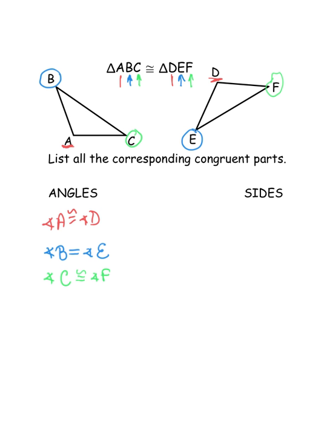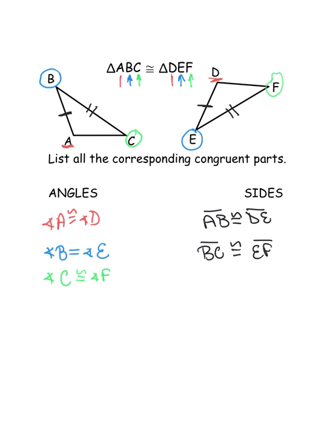Now the corresponding sides. If we look at AB, that goes from red to blue. So on the other triangle, red to blue is DE. So we can say that AB is congruent to DE. If we look at the next side on the left triangle, blue to green, and over here, blue to green, so BC is congruent to EF.